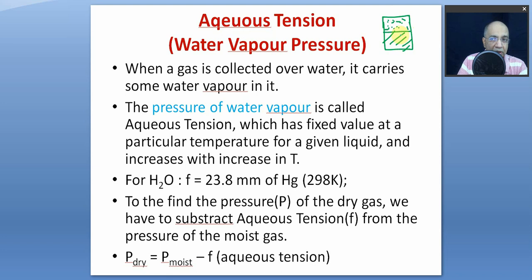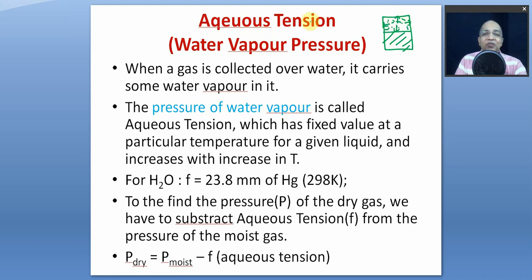This is called the vapor of the corresponding liquid. Supposing this is water, this is water vapor. This is ethanol, this is ethanol vapor. Benzene vapor. So every liquid at every fixed temperature is in association with some of its own vapors in equilibrium, which is saturated, and the pressure of that vapor is called vapor pressure.